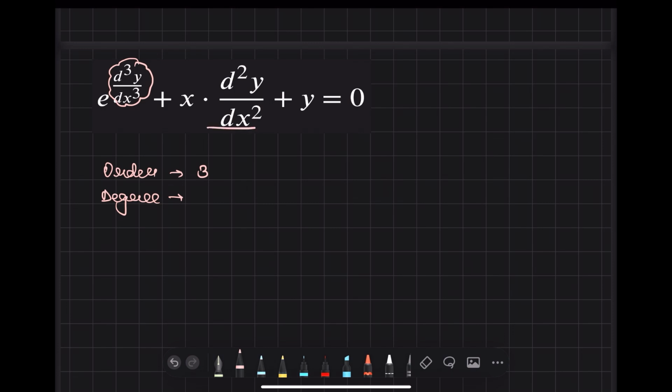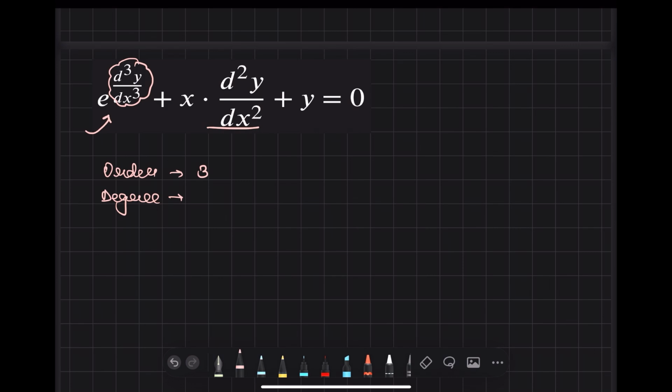If you observe, this is not in polynomial form. The differential is in the argument of the exponential function e power x. In place of x, you have d3y by dx cube. So this is inside the argument of an exponential function.